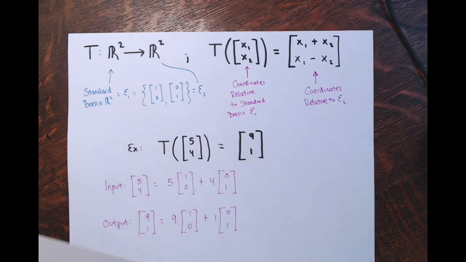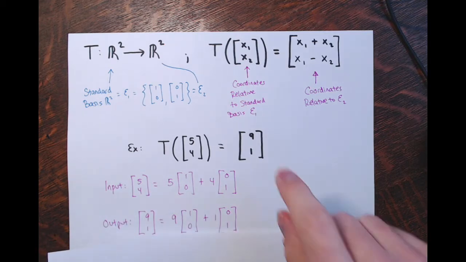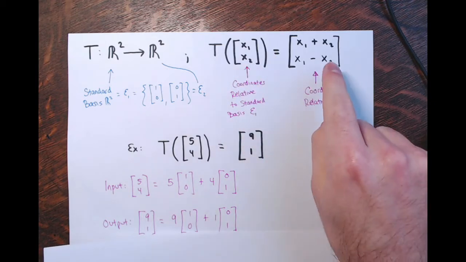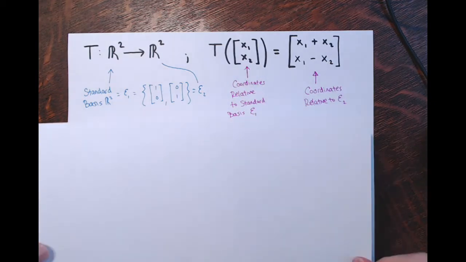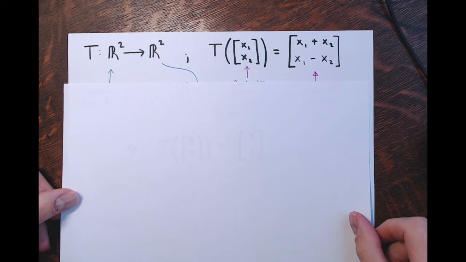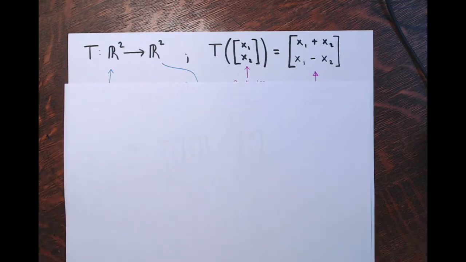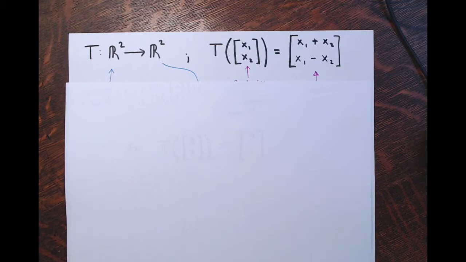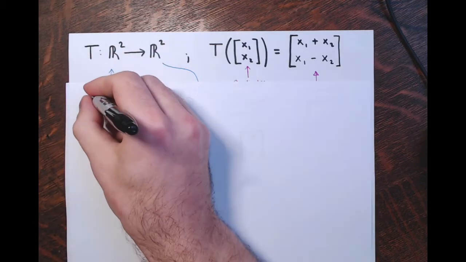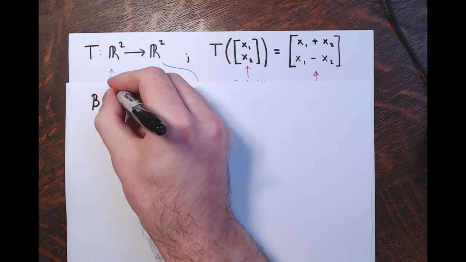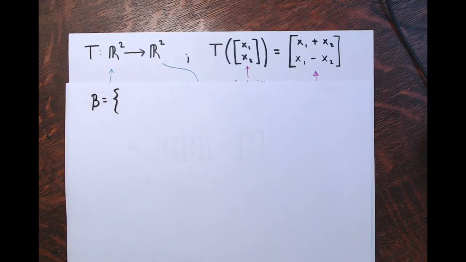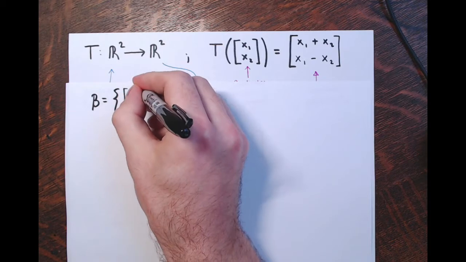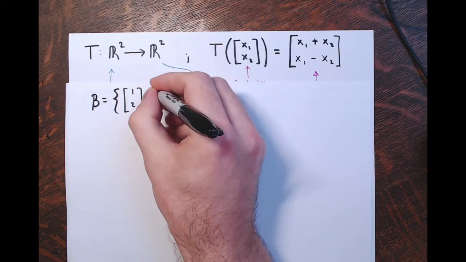Now, instead of my input being in standard basis coordinates and my output being in standard basis coordinates, we're going to change it up. So now we have this B that's given to us, this set B with the vectors 1, 2 and the vector 3, 4.